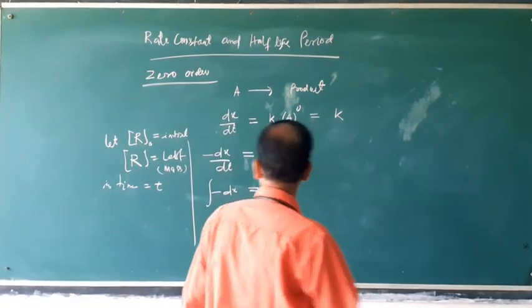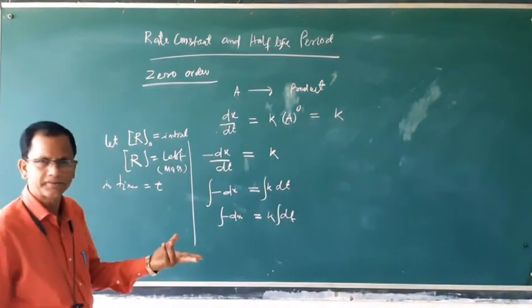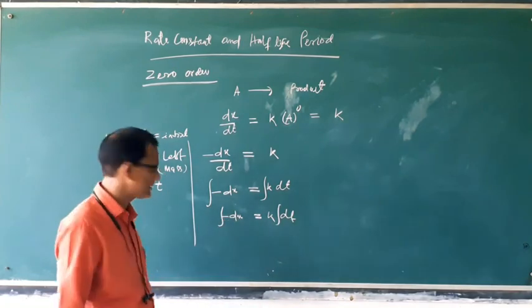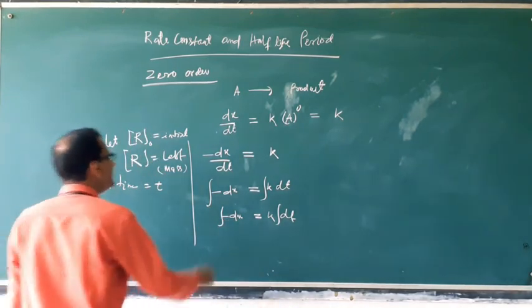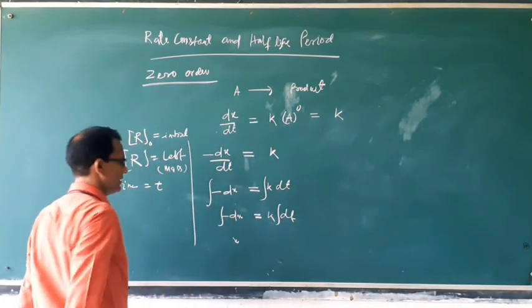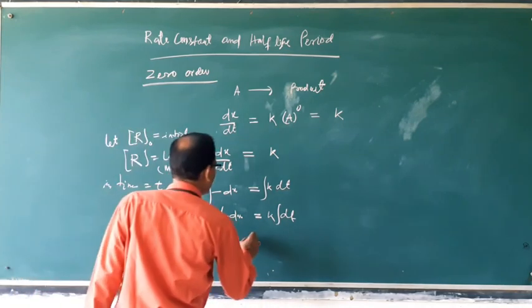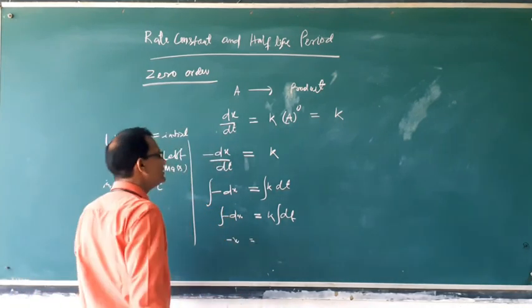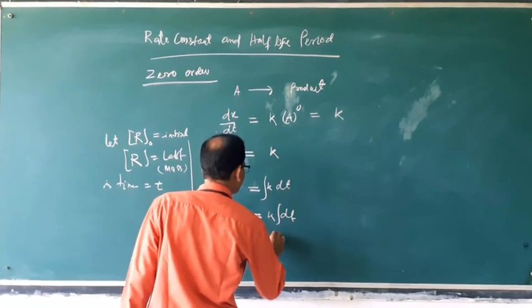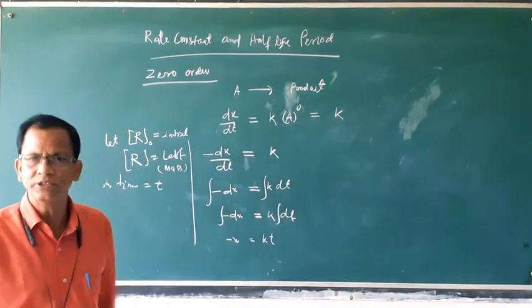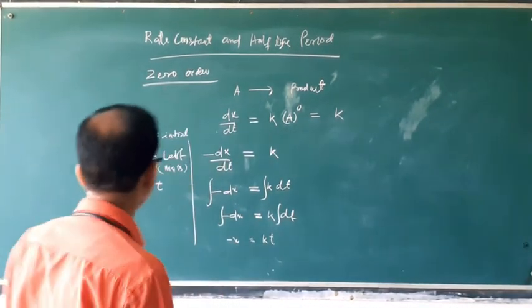You know the integration of dx is x. So minus x is equal to kt.